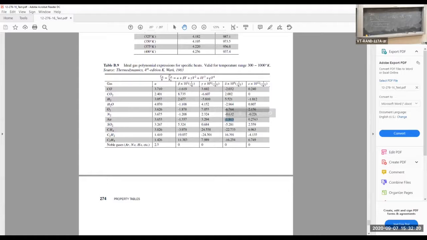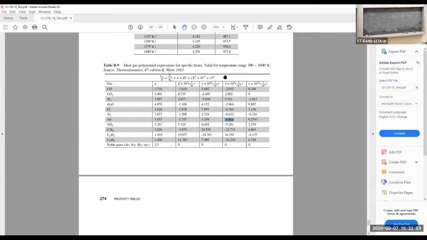So all these coefficients get progressively smaller by three orders of magnitude as you move up in order in the polynomial. So another way to do this using variable specific heats by the equation in Table B9 is to substitute this expression into your integral and integrate with respect to temperature. Plug in the various temperatures, plug in the various coefficients, and you get the heat transfer.